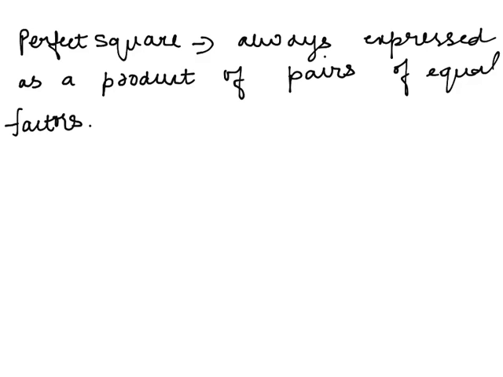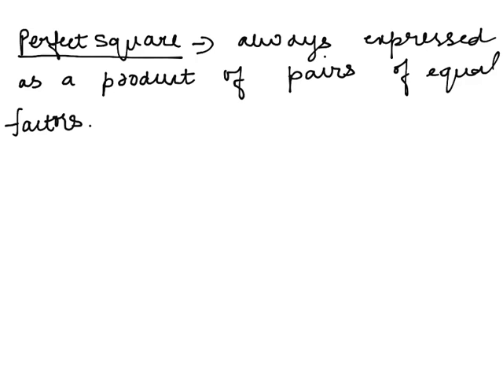Next we will see whether the given number is a perfect square or not, and then we will see how to find out the given number is the square of which number by the prime factorization method. So first of all we should know what we mean by a perfect square.